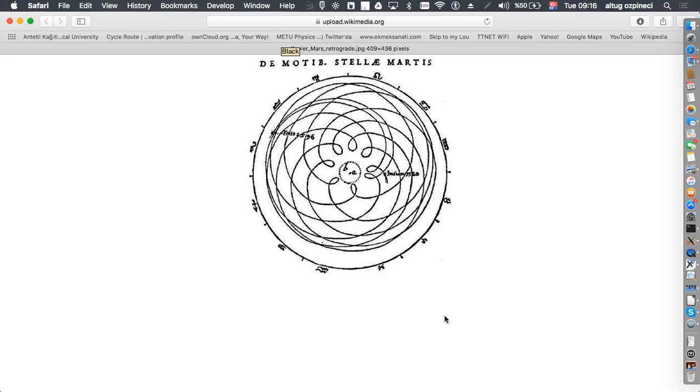And at that time, thinking about the philosophical and religious context of that period, human beings were the center of the universe, the main purpose of the universe. So they had to be at the center. This is the Earth. So Earth has to be at the center of the universe. And this was the trajectory of Mars. If you follow the trajectory, let's assume that it's rotating in the counterclockwise sense.